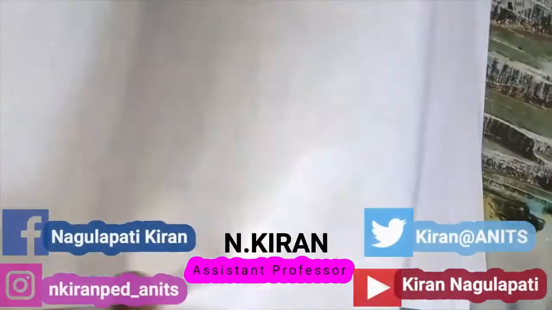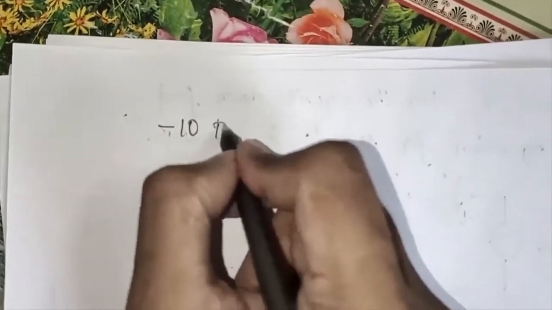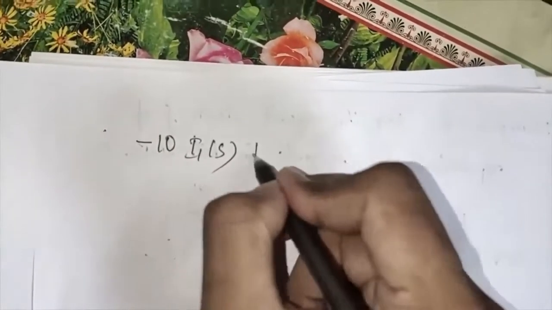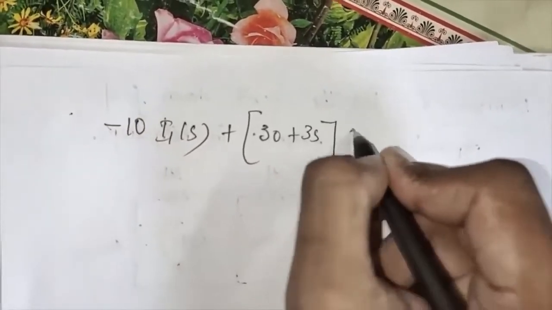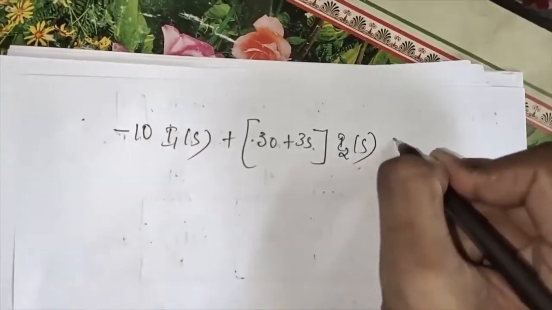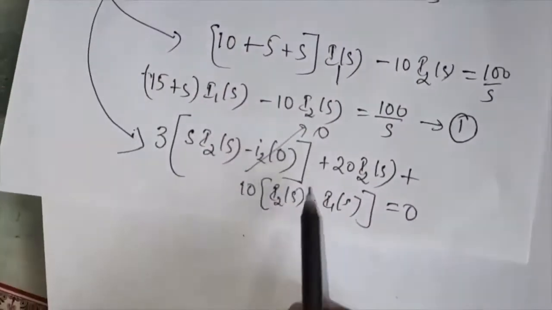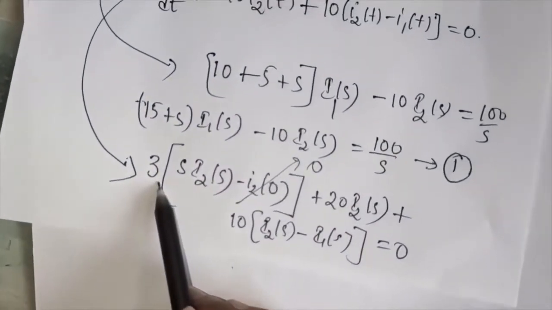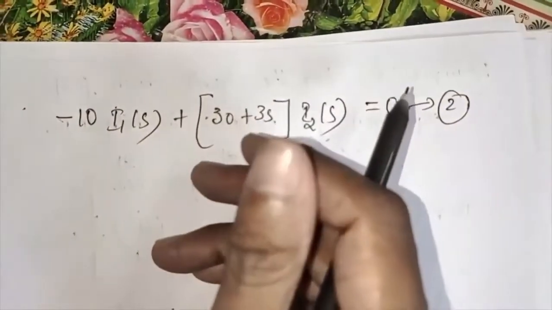Upon simplification, I get minus 10 I1 of s plus 30 plus 3s into I2 of s is equal to 0. The I2 of s coefficient is 30 plus 3s. So we have obtained two equations.